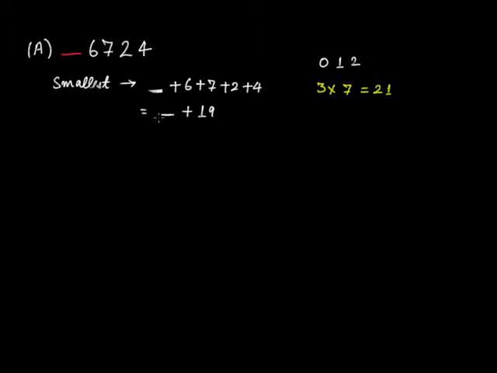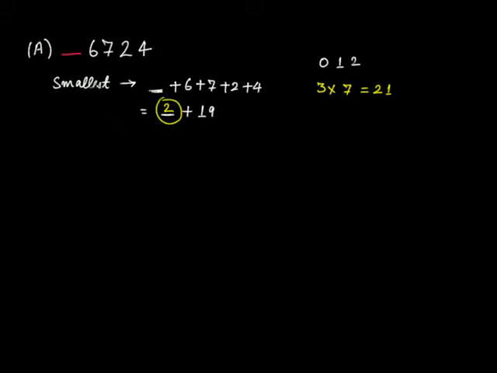Therefore, we can say that if we put 2 here, then 2 will be the smallest digit that will make this whole number divisible by 3. So the smallest digit will be 2.